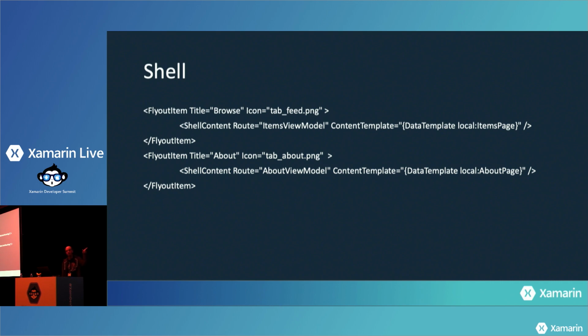This is taken from the Shell template, if you want to see how that rolls together, which is also the template I'm basing my demo on. So that's what we're going to move into now. This is just, let's see what we can do with Shell.